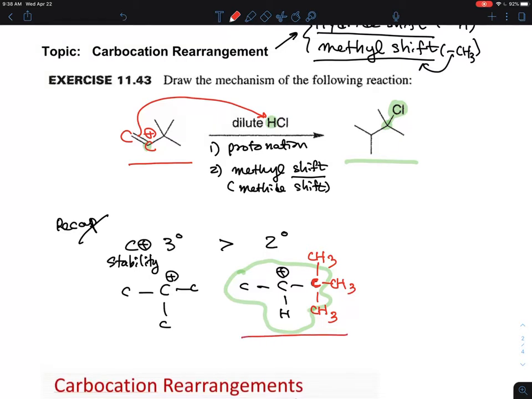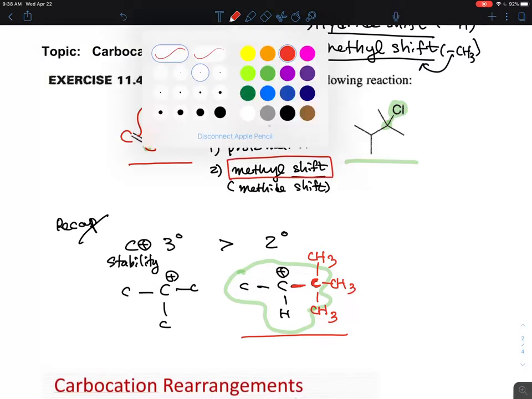And then you can see that this trimethyl attachment onto the CCl bonding actually causes a unique situation because of its ability to shift the methyl ions, or methide ions.